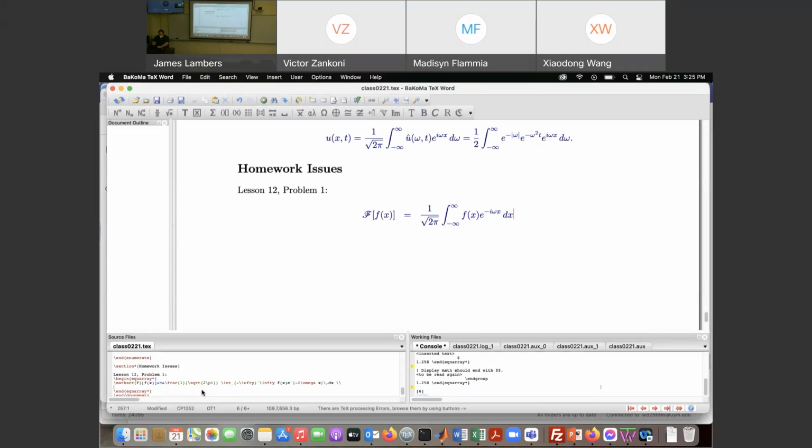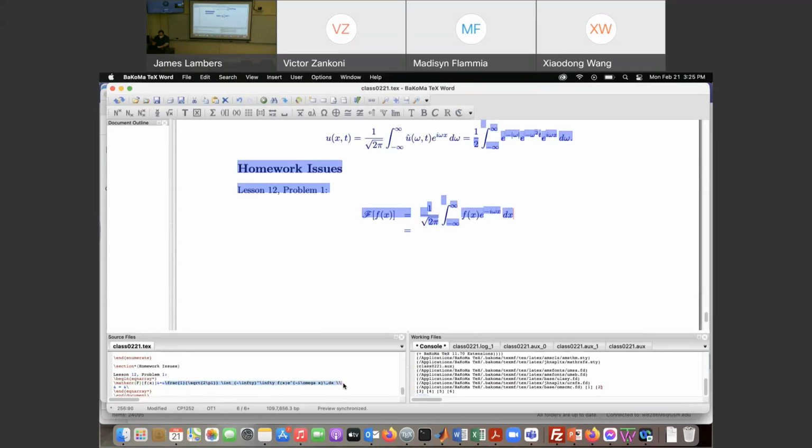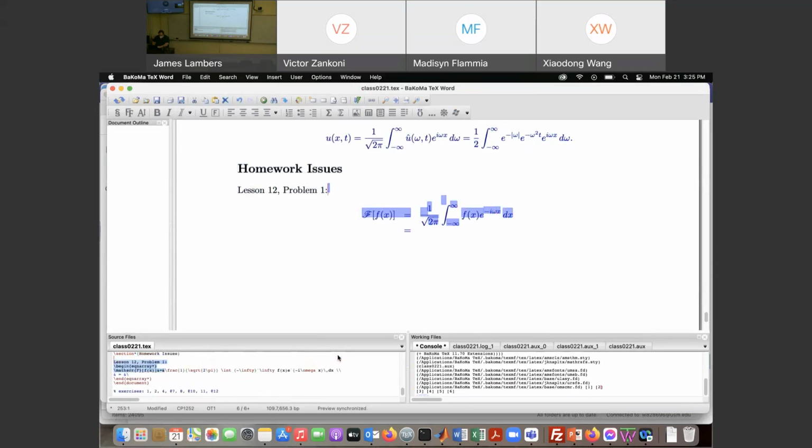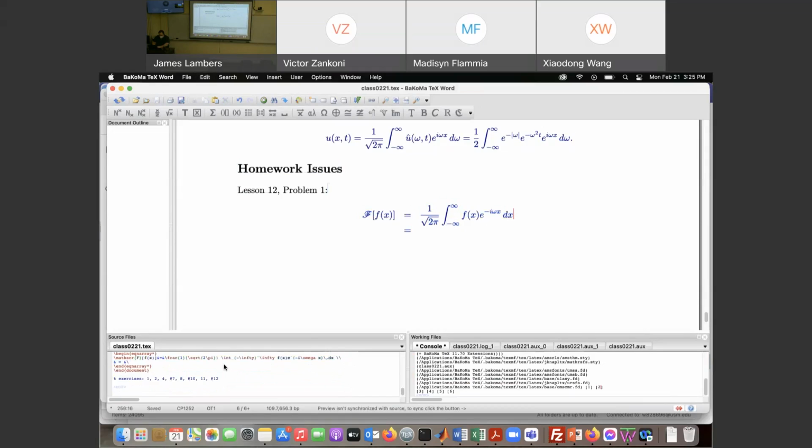All right, but because the function is 0 for negative x, I'll just cut that part of the integral out. So now we're going from 0 to infinity.